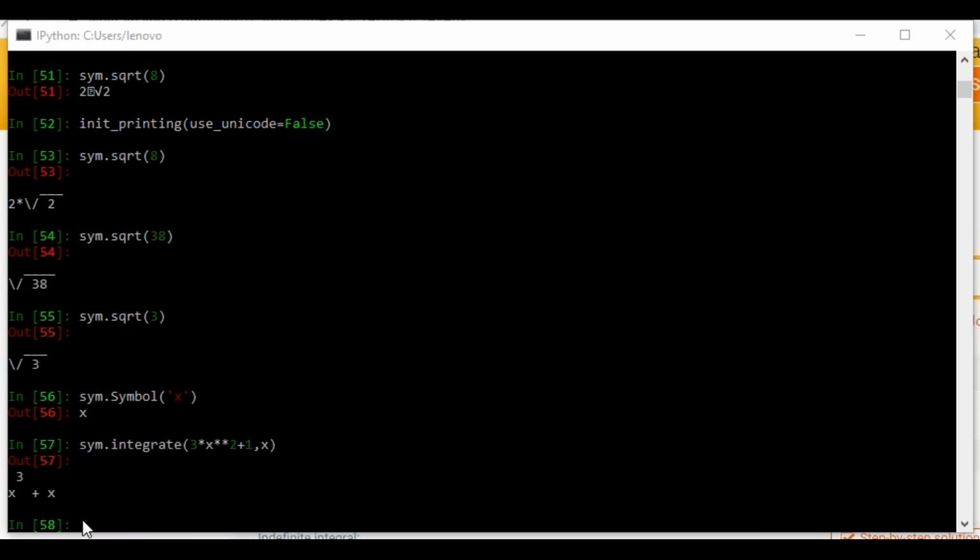Now for the integral from 0 to 2, we would like to find the numerical solution. For that we make use of another package. Here we are using the sympy package for getting the analytical solution. Next we use another package, scipy.